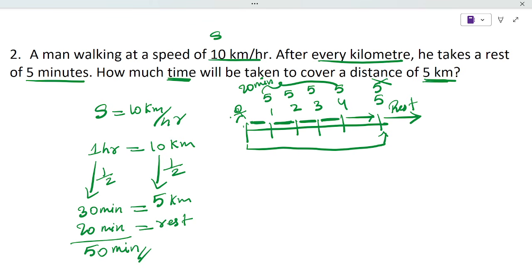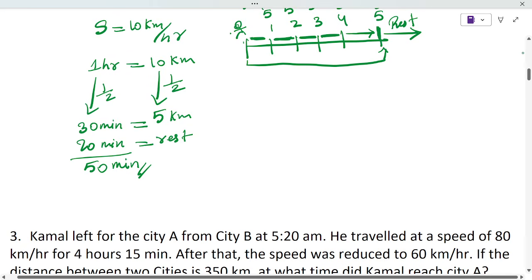But from here till here, after reaching the destination, a man doesn't require that 5 minutes, because after reaching the destination the remaining time is rest. So 20 minutes of rest is added to the 5 kilometer time. So the answer is 50 minutes.